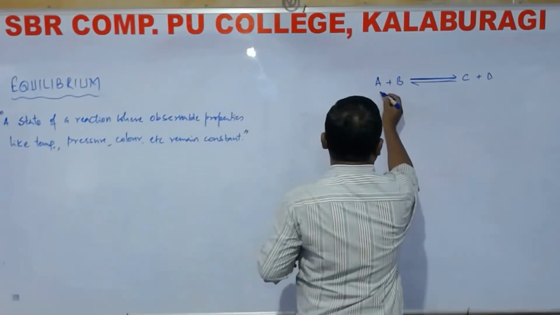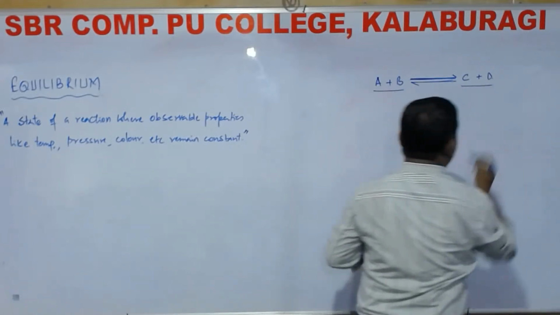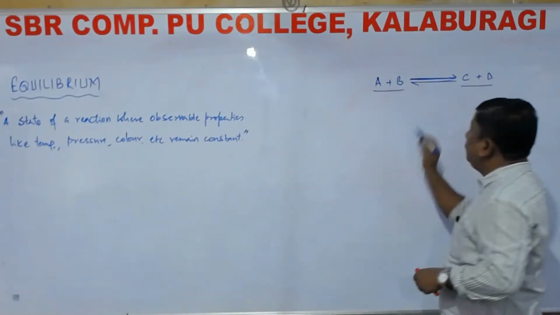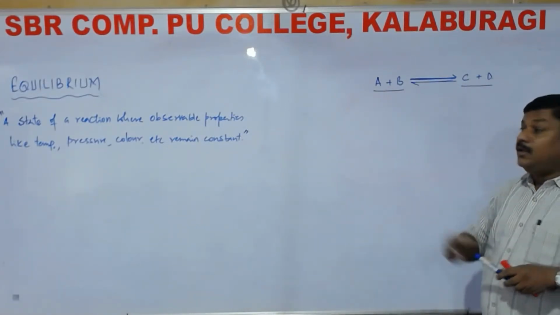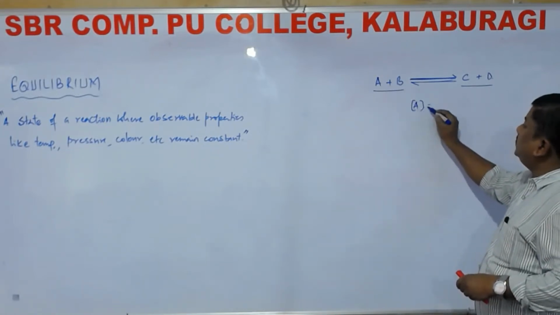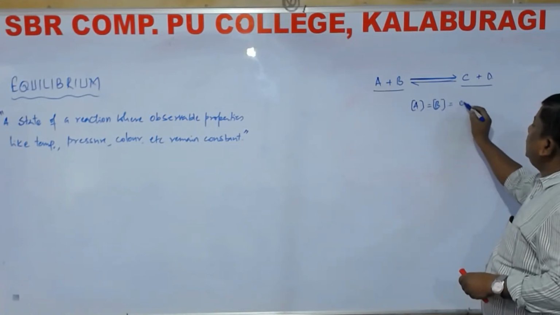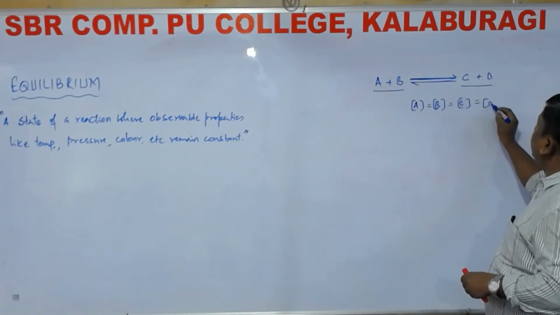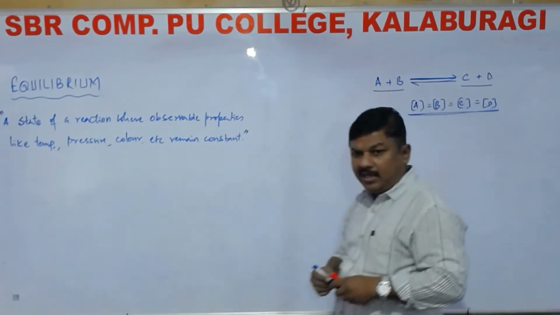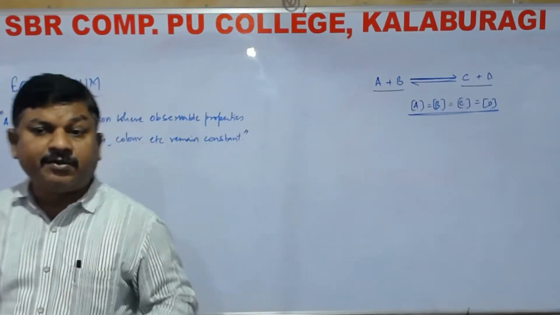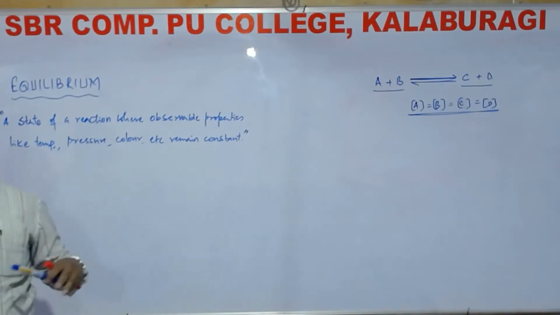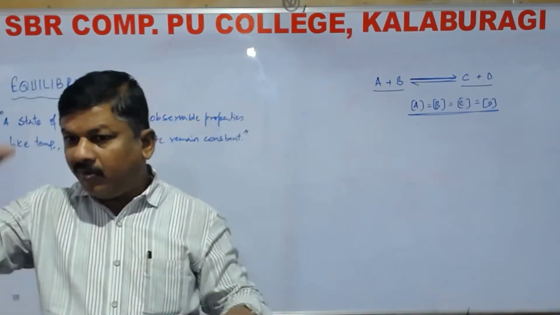After a certain amount of time, when the concentration of AB is almost equal to the concentration of CD, that means at whatever speed the forward direction takes place, at the same speed the backward direction takes place. Whenever the concentrations of A, B, C, D are equal, that particular state of a reaction is commonly called equilibrium. When you are playing on a seesaw, you can go up and down.